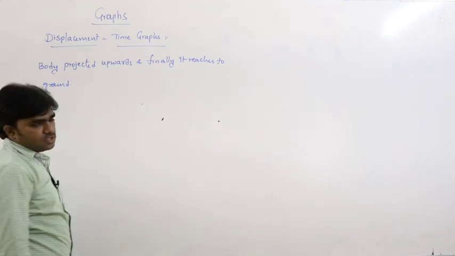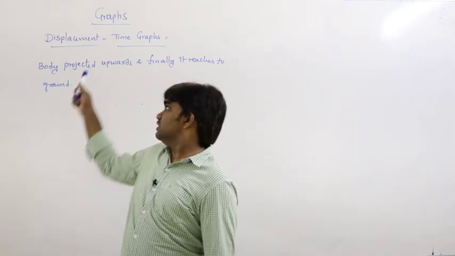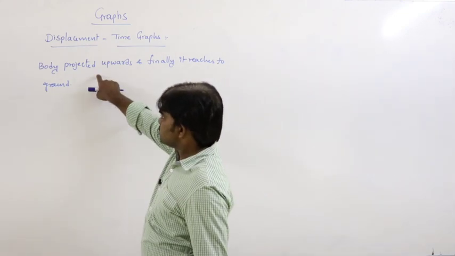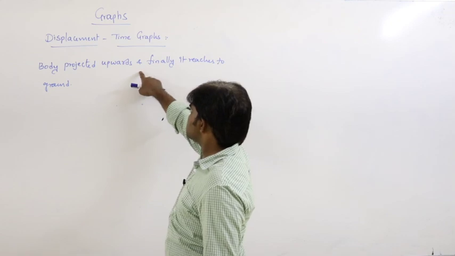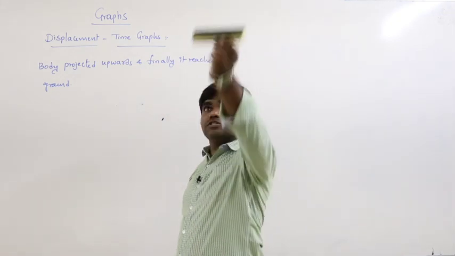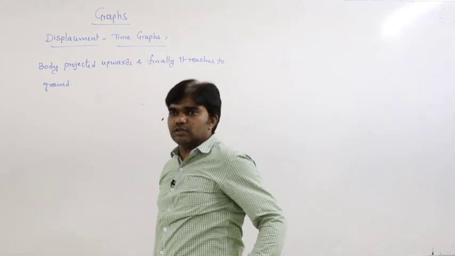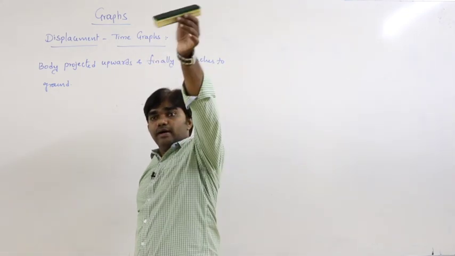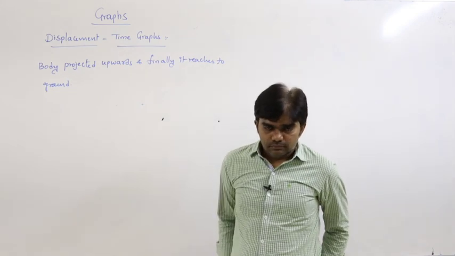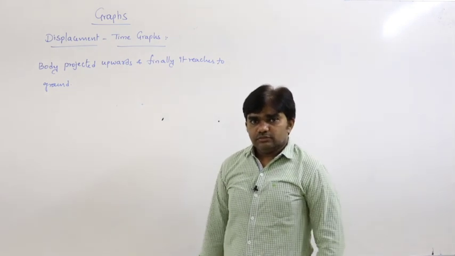How can you represent this type of graph in the case of displacement-time? The body moving upwards reaches maximum height and again moves downwards. How can we represent this graph?